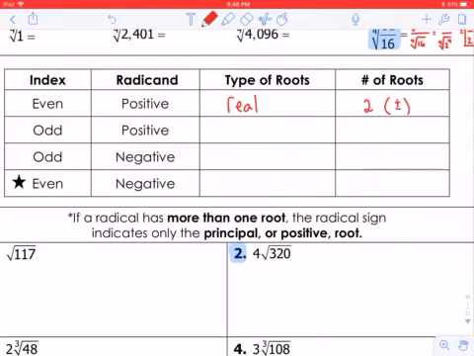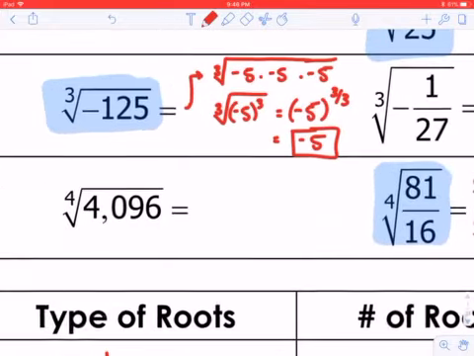If it's an odd radical and we still have a positive radicand, we still get a real number, but we're only going to get one answer from that one. However, and this is where the weird thing came up, what about if I have an odd root and a negative radicand?